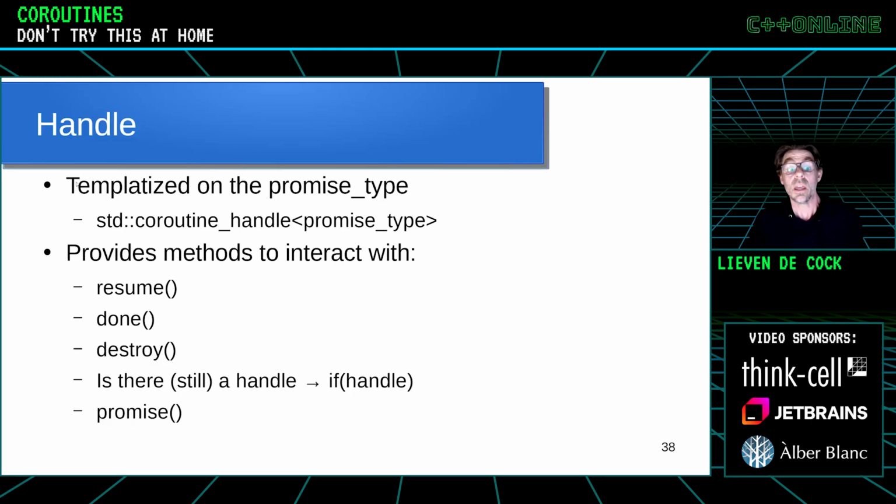Resume. Is the coroutine done? This coroutine should be destroyed and all resources should be freed. Is there actually still a handle? And the promise type lives in the handle, so if I want to get hold of the promise type, handle, could you please give me the promise?